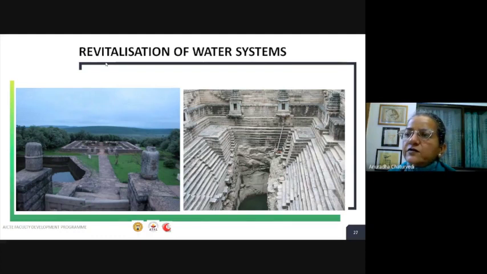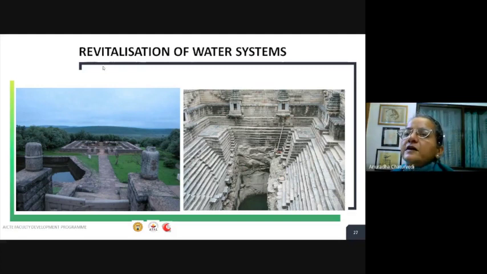These kind of heritage resources are directly linked with Sustainable Development Goal number 6, which relates to clean water and sanitation. It is seen through many of these exercises. Dr. Vinayak had mentioned the JNNURM proposals planning which was done, and the CDPs which were prepared for the NDMC area.